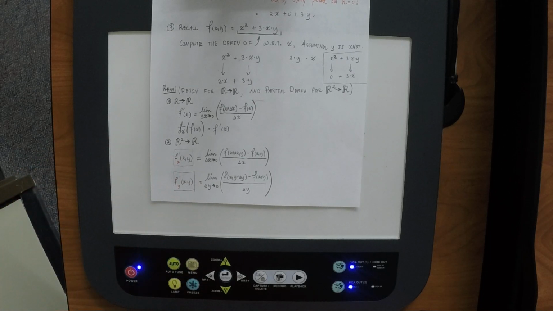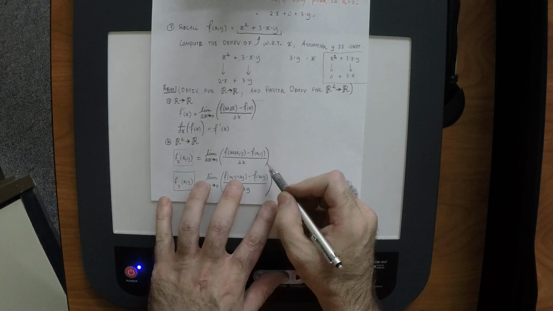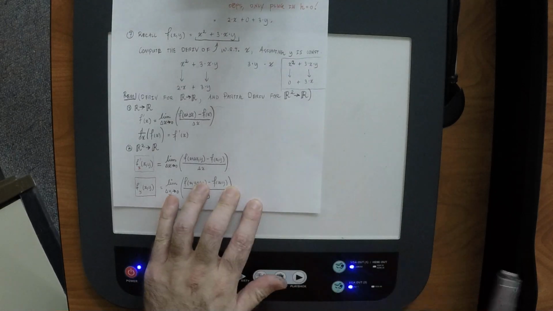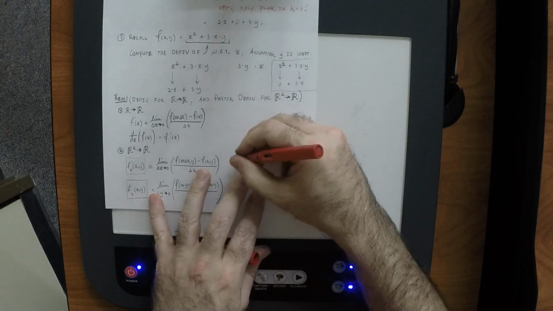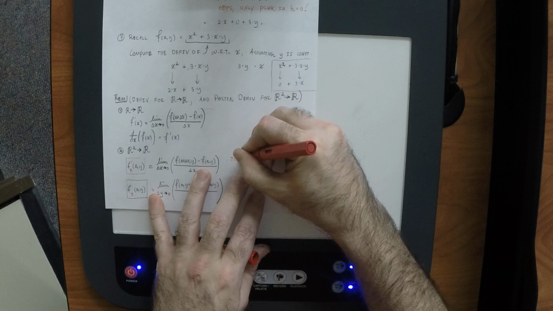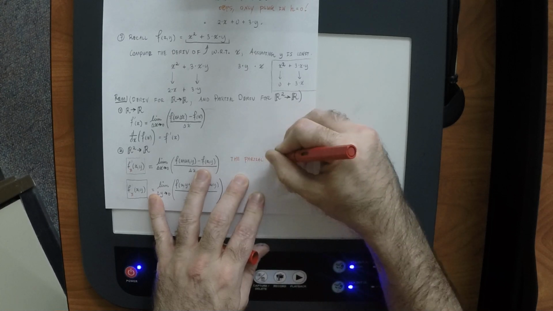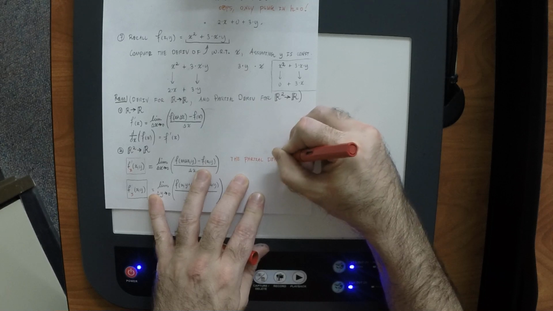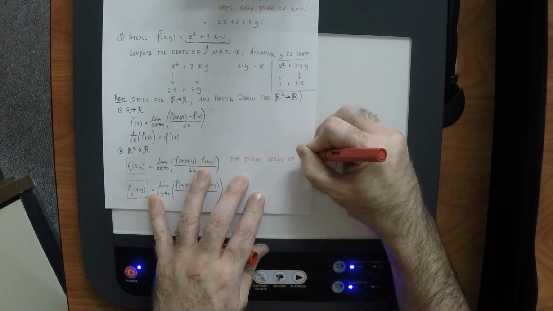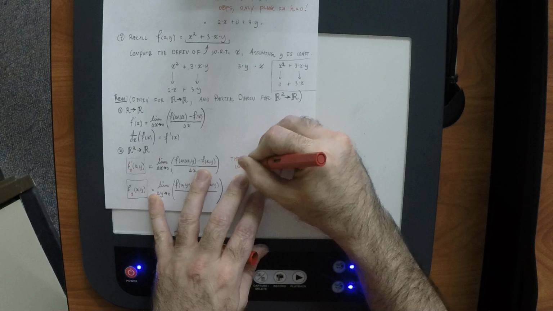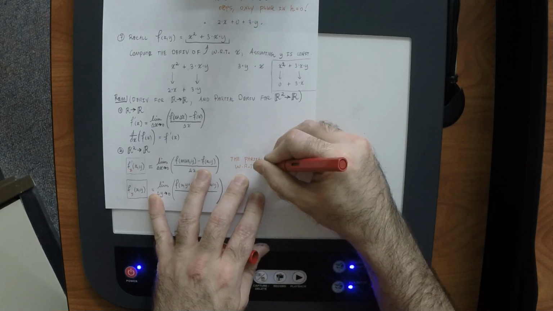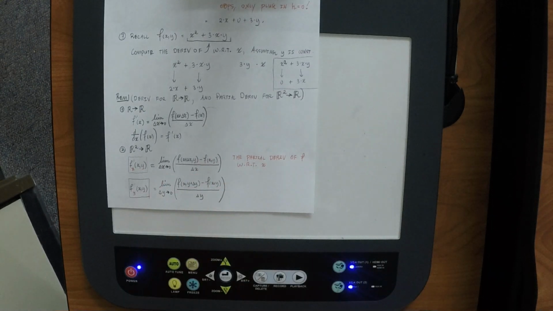Yes. So in language, this is referred to as the partial derivative of f with respect to x. So that's what that one is.